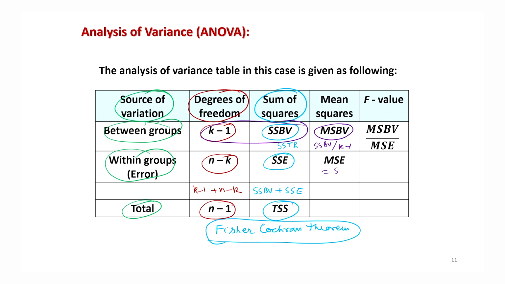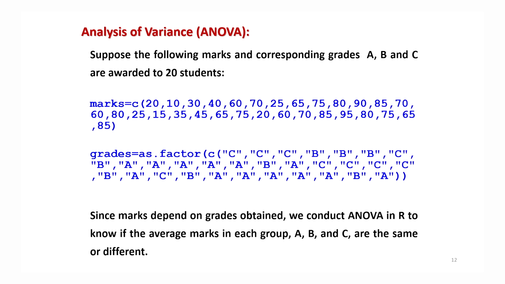MSE is obtained here as SSE upon degrees of freedom n minus k, and now with both MSBV and MSE, we take MSBV upon MSE, and this is here the F statistic, right, which is called the F value. So, this is the analysis of variance table, and you will see that in the software outcome also, usually they indicate the outcome in the form of an analysis of variance table, right.